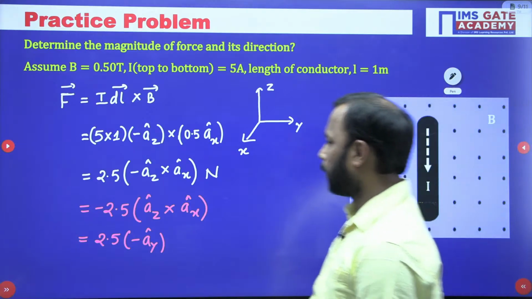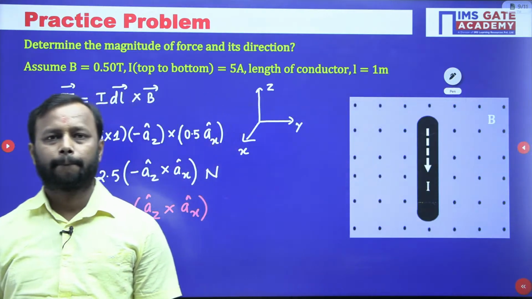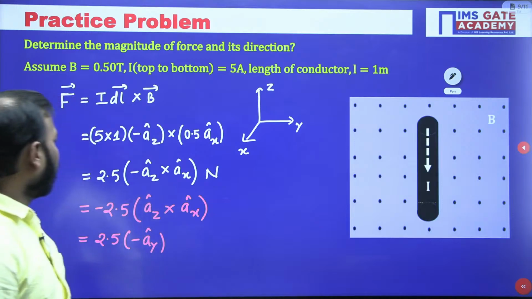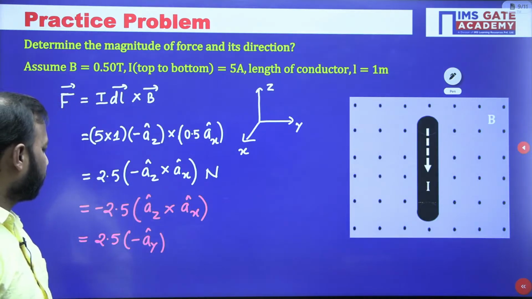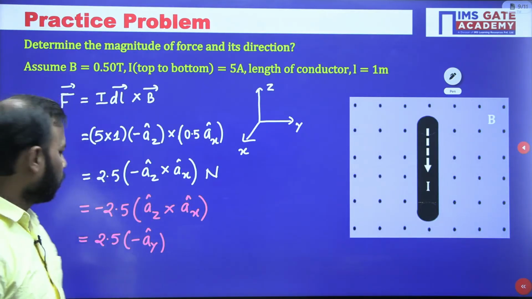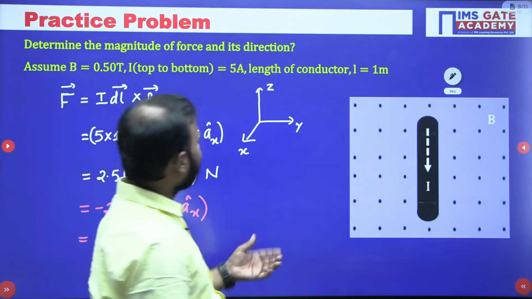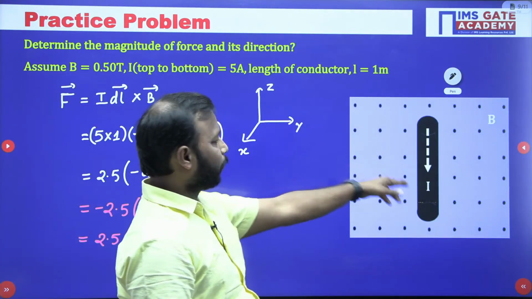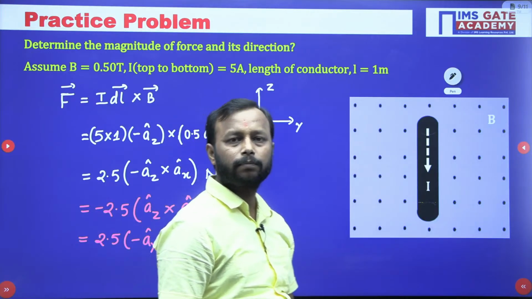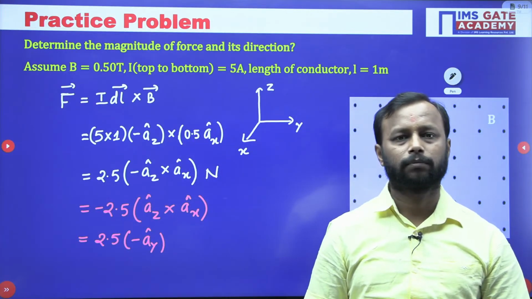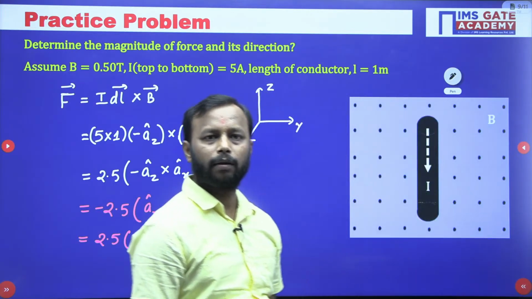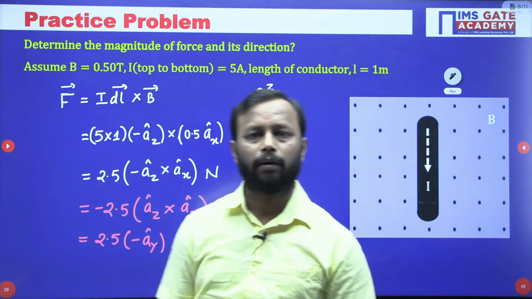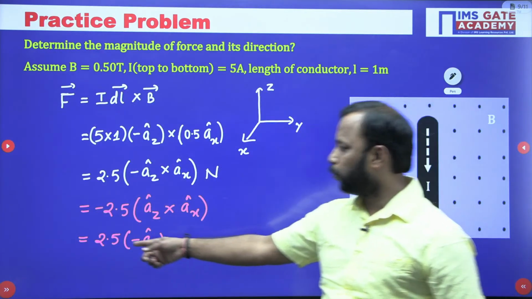Any doubt till this point? So in which direction has minus ay gone? In this direction. So the force will be, am I clear? So this is 2.5 minus ay.